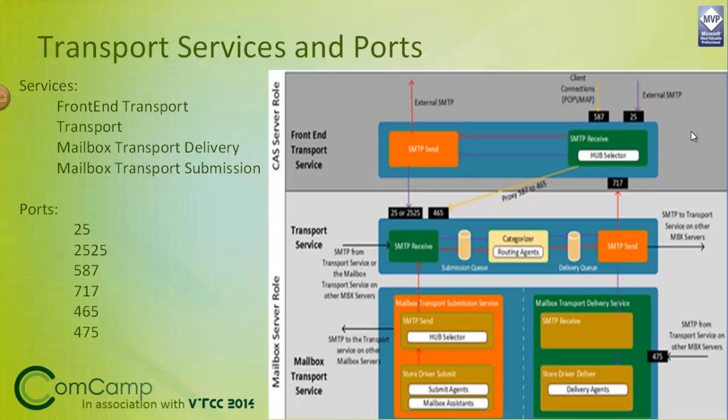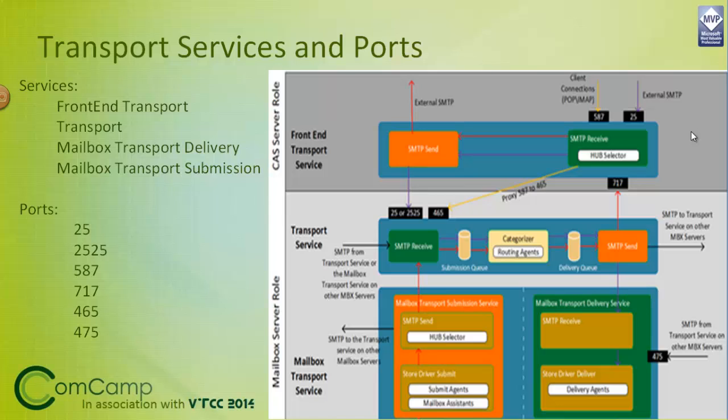Port 587, I'm sorry, I'll talk about port 2525 first. Port 2525 comes into the picture if we have CAS and mailbox server roles together on the same server. Then the transport service will listen on port 2525 for all incoming emails in place of port 25.